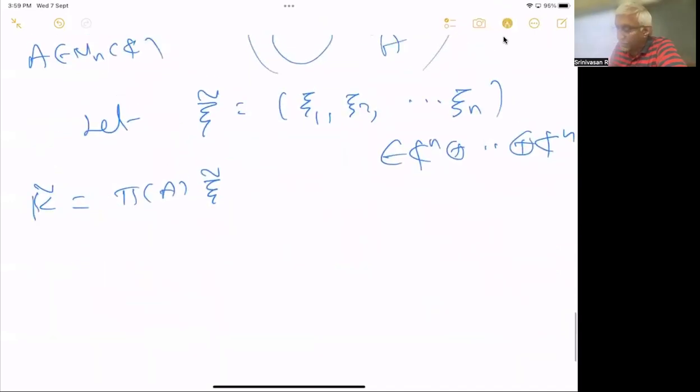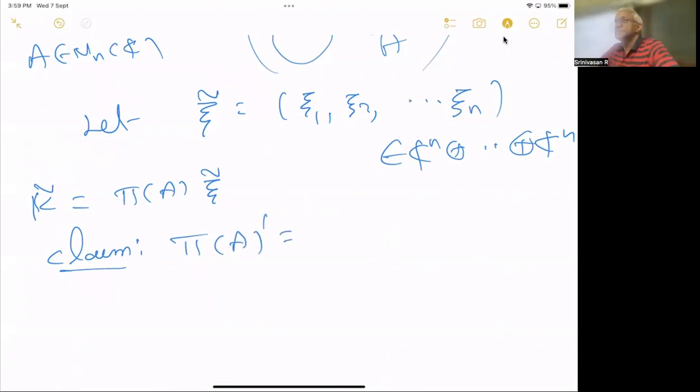For the time being, let us see what the commutant and double commutant of pi of A are. What is the commutant of pi of A? Let me make a claim and then explain it. The commutant of pi of A, taken in operators on Cn direct sum Cn, consists of matrices with entries coming from Mn(C).